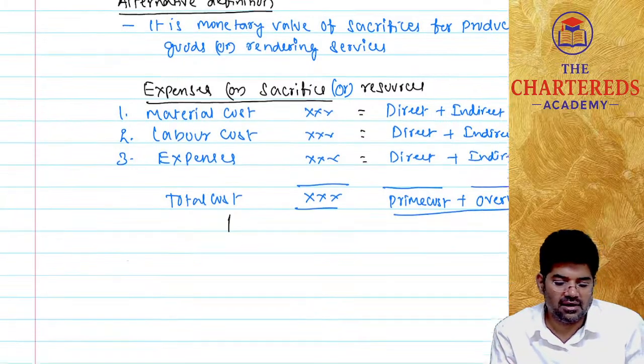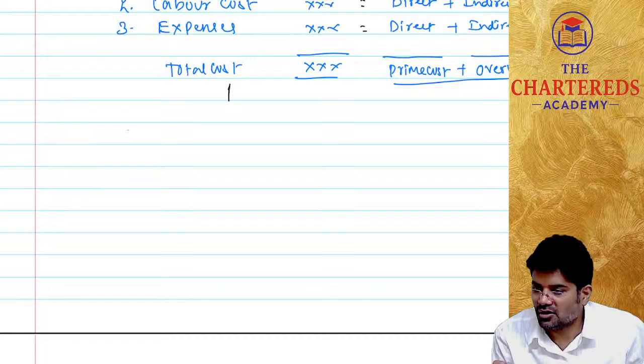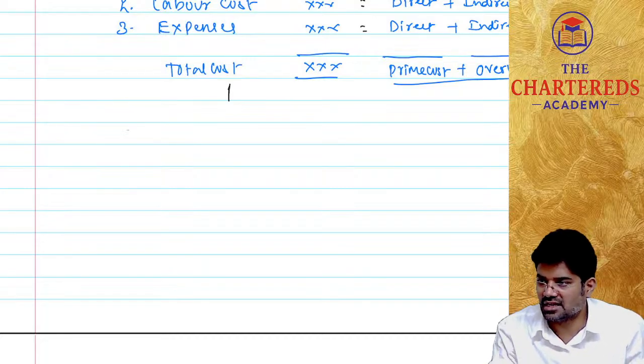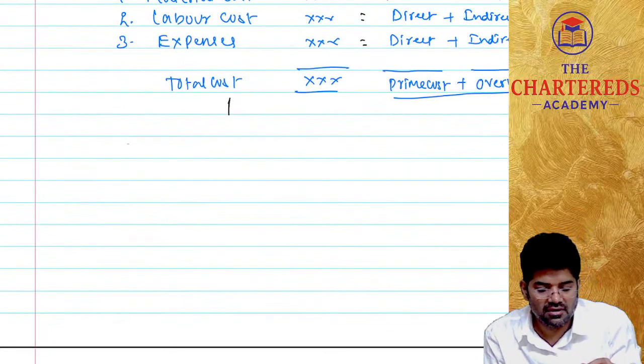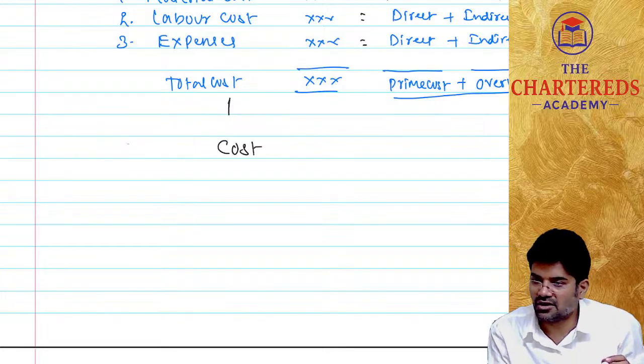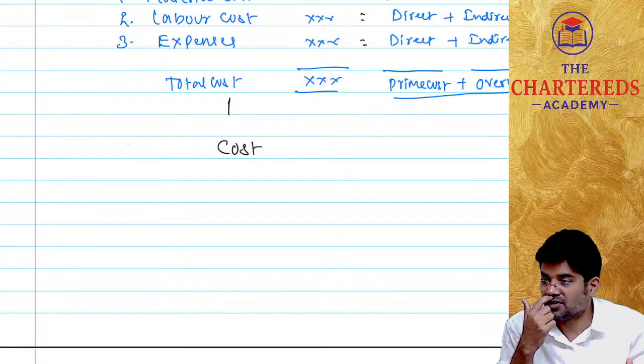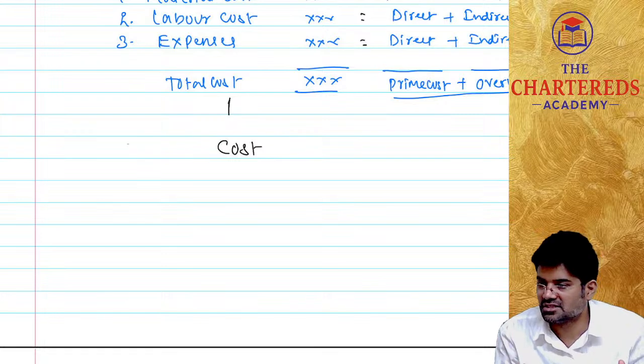Right? Now, just now we talked about cost accounting standards. We added it in our syllabus. Right now, when you calculate cost, what are the things we should take into consideration for the purpose of calculating costs?